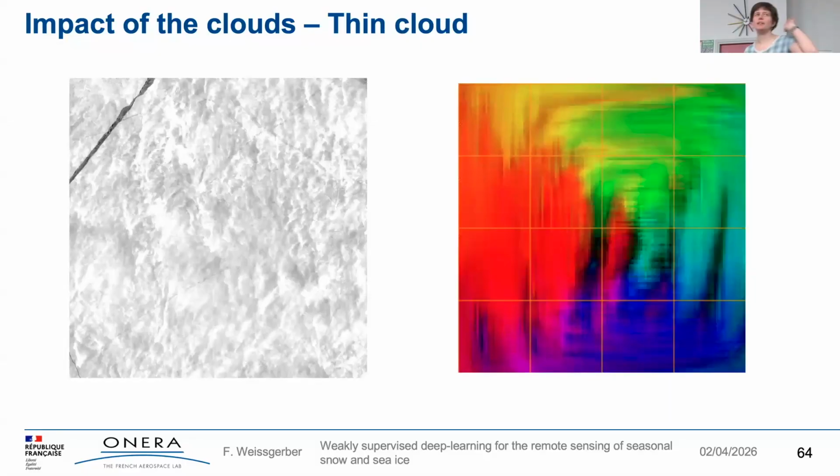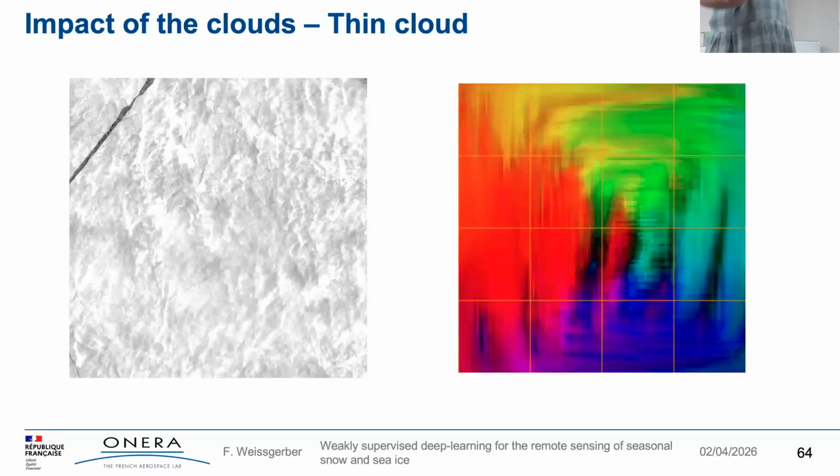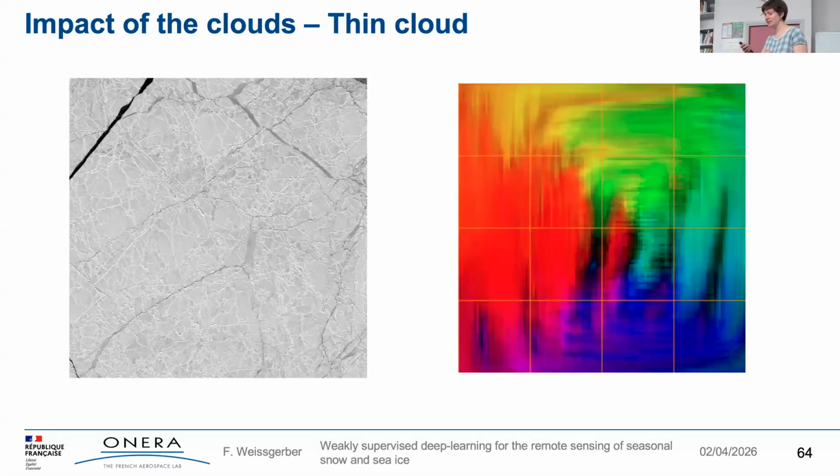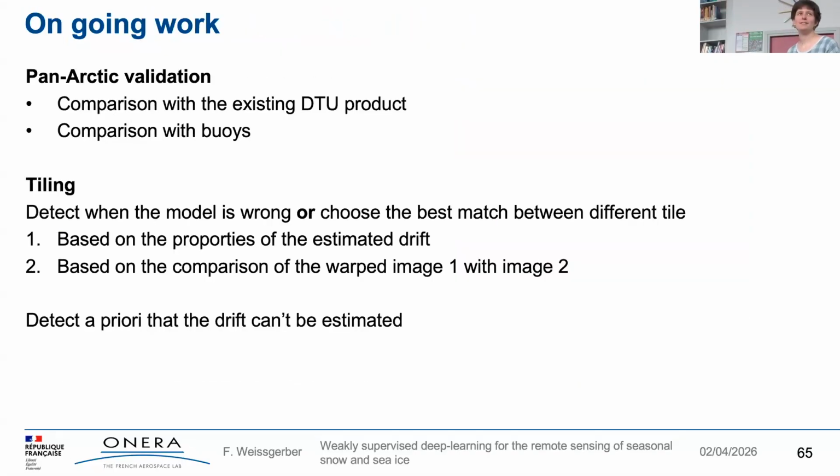But when we have that much cloud, the algorithm is not working. I just want to show you this pattern because when CRAFT is failing, it gives us this type of pattern.